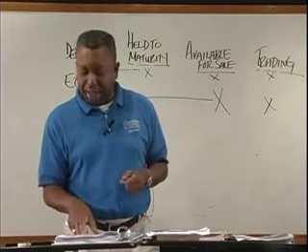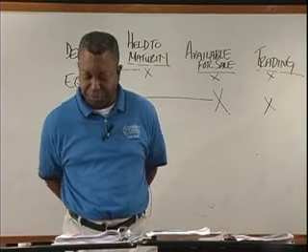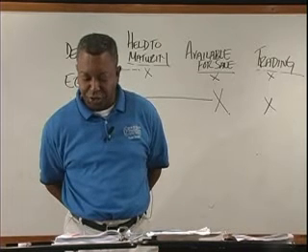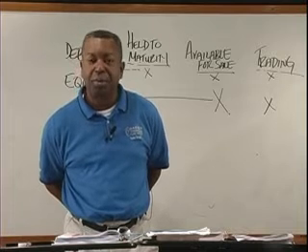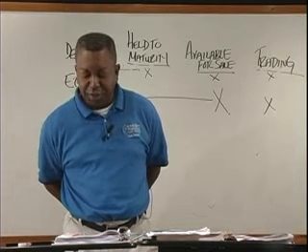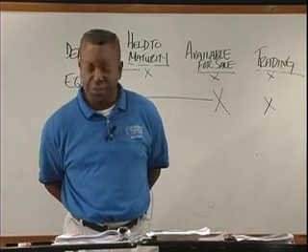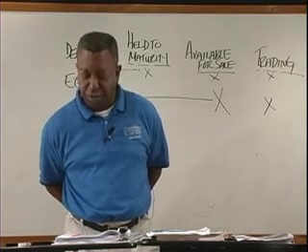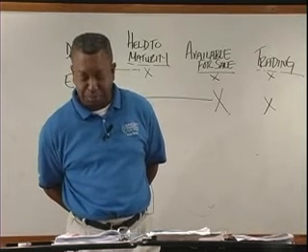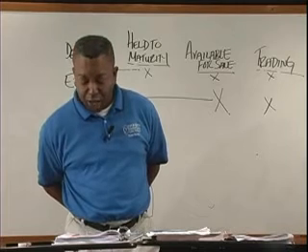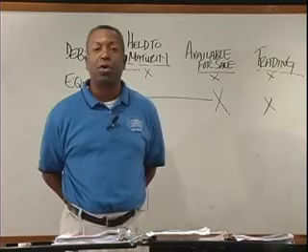Okay, so let's go back to page 568, read about held to maturity. It says held to maturity securities are carried at amortized cost. What do we mean by amortized cost? It's acquisition cost adjusted for the amortization of premium or discount using the effective interest method. Thus, unrealized holding gains and losses are not reported.